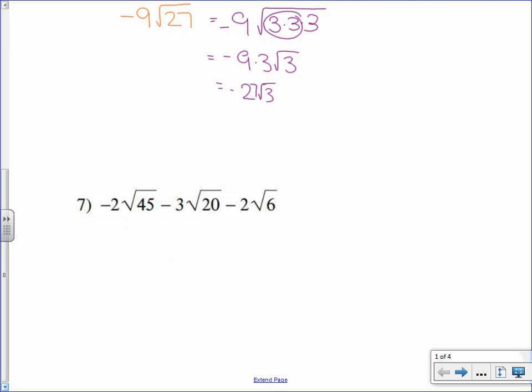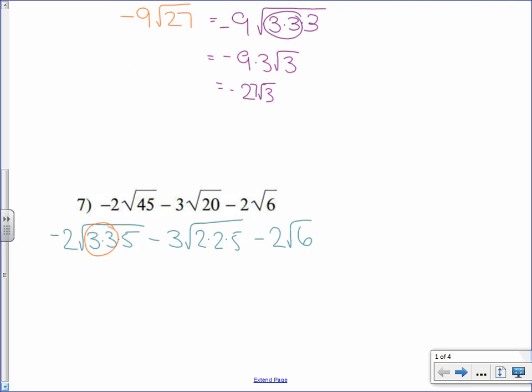When I break down 45, that's 3 times 3 times 5. And you guys could have done this off on the side. You don't have to write it exactly like I have. 20 gets broken down into 2 times 2 times 5. And 6 is just 2 times 3. So there's not really a point in breaking down the 6 because I know that there aren't going to be any groups of 2 that I can pull out.